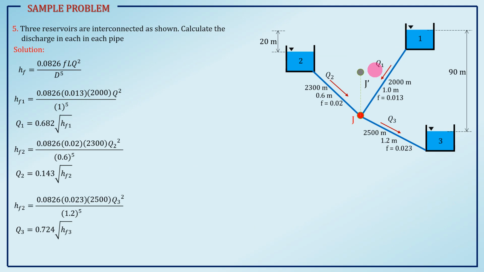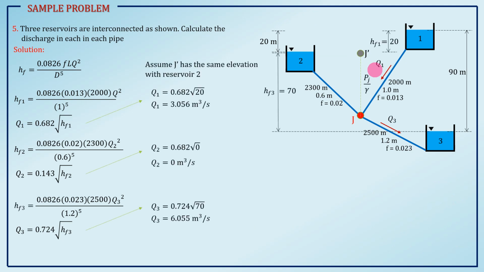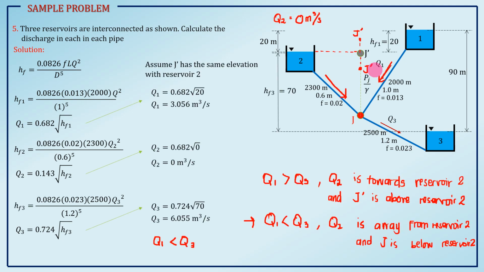That is what we will use when you don't know the position of your reservoirs and your J prime. So you will assume, and then check the amounts of your Q1 and Q3. Always remember this one.